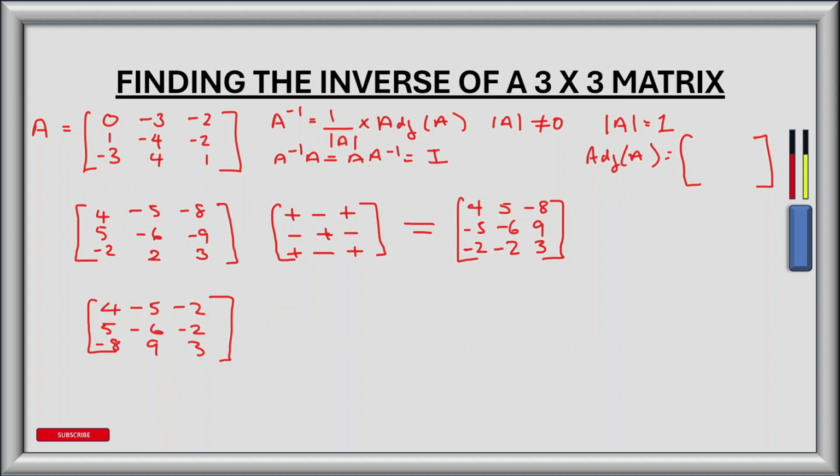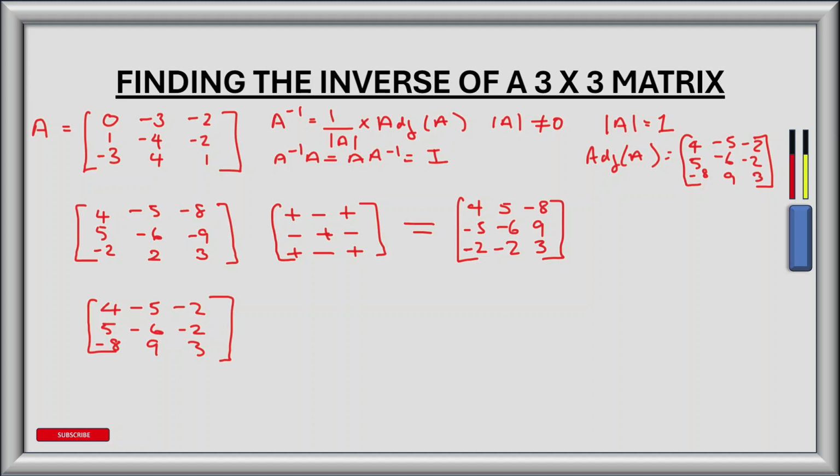So I'll write the adjoint into the matrix in the top right. So we have 4, 5, -8, -5, -6, 9, -2, -2, and 3.